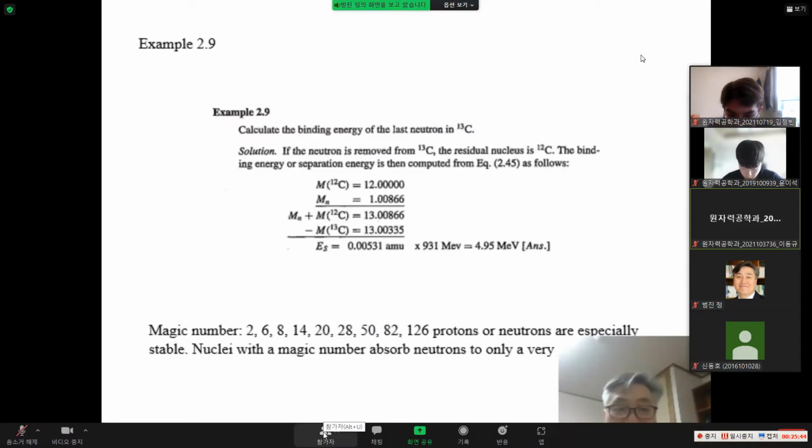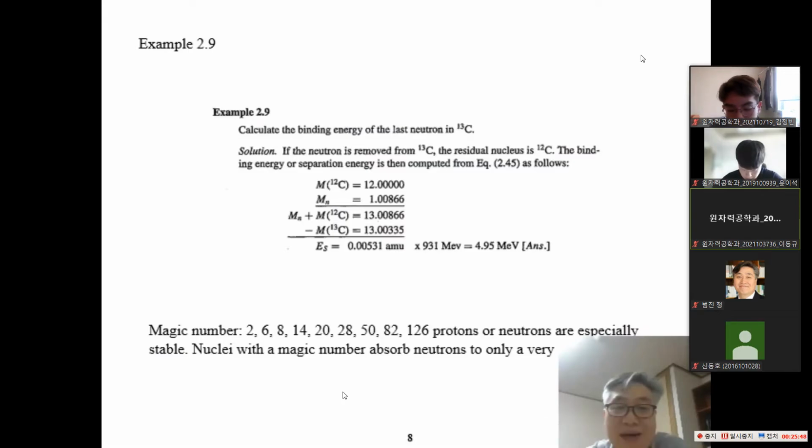So, example 2.9: calculate the binding energy of the last neutron in carbon-13. The mass of carbon-12 is exactly 12 because we use that as a reference, and the mass of a neutron is 1.00866.